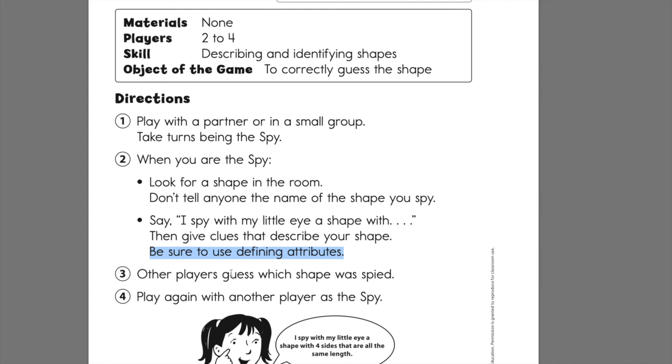That means when I said 4 sides and 4 corners, those are defining attributes. I didn't tell you the color or the size of the object because those are non-defining attributes. See if you can play I Spy using defining attributes, and the rules for this game are also posted in Seesaw.